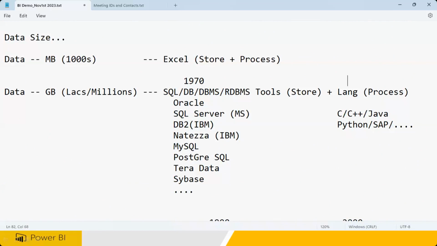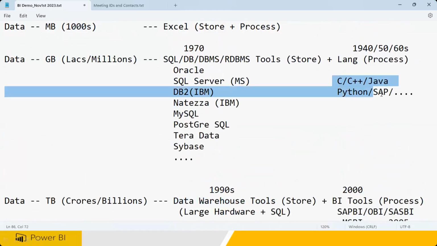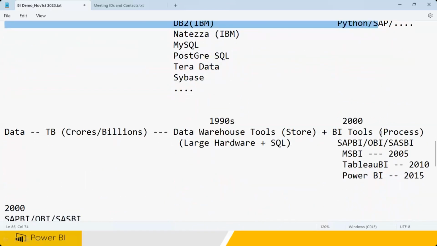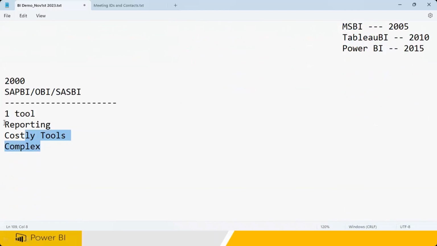Languages were actually created first, in the 1940s, 50s and 60s, and we got the C language. First is the language, then RDBMS to store the data, then a data warehouse to deal with the large amount of data. Then I don't want to write the coding, and I have to create a lot of reports, so without coding BI tools were introduced into the market. But these were very, very costly.